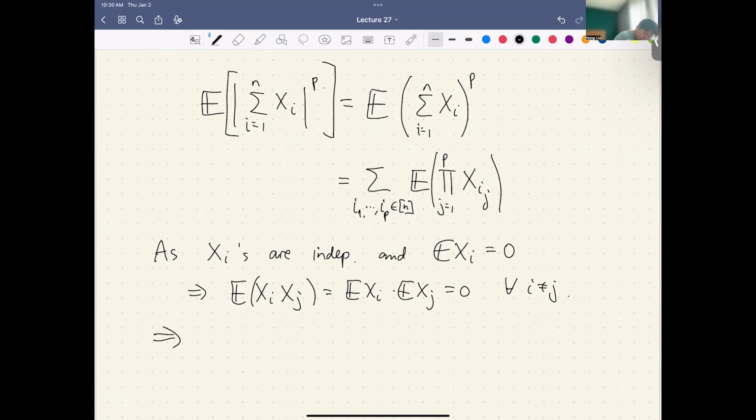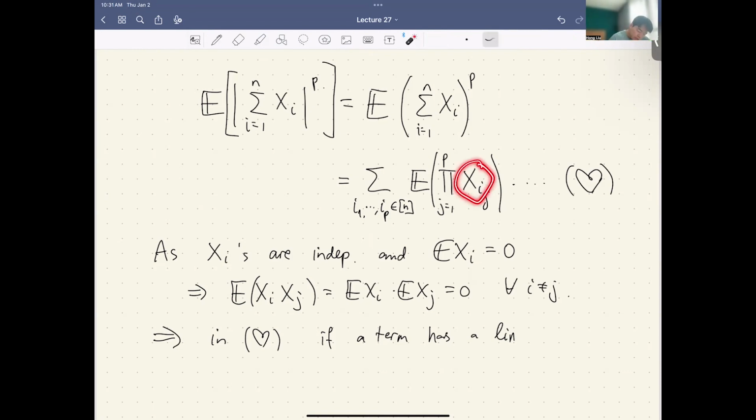This implies that in this summand, if some xi, which is in x1 to xn, appears exactly once in this product, then this term vanishes, right?